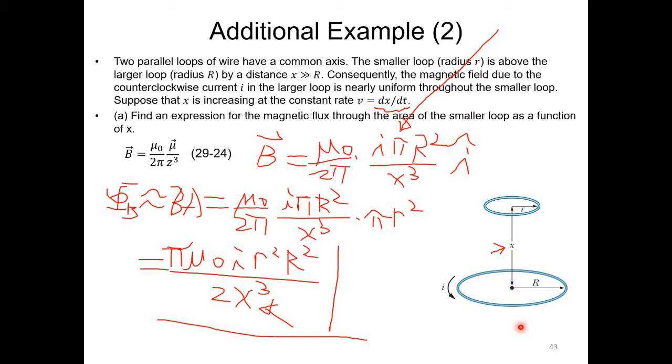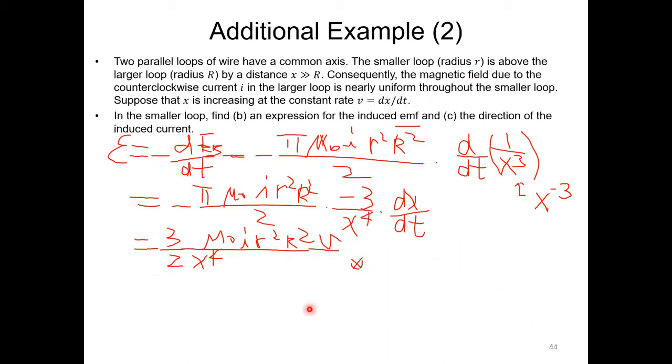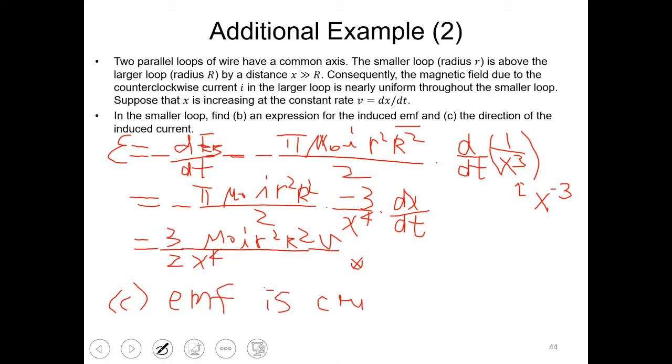The magnetic field is pointing upward, and what we can derive here is that the EMF is positive. So according to the right-hand rule, the EMF is also counterclockwise. So for C, the EMF is counterclockwise.